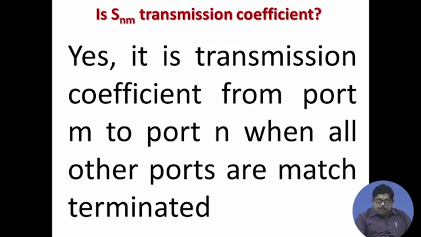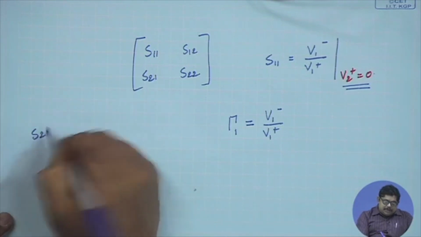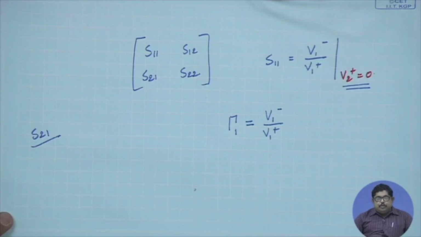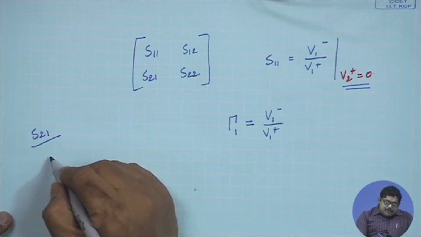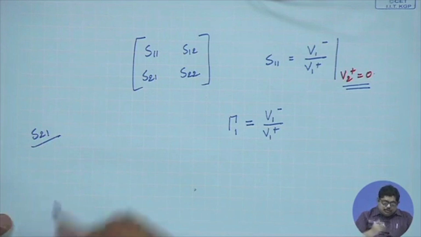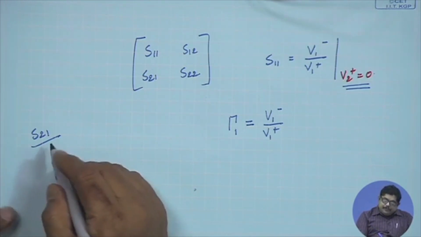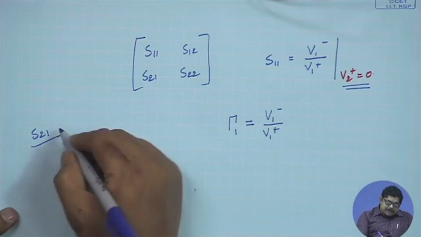So, in a two port network, if I ask whether S21 is the transmission coefficient from port 1 to port 2, the answer is yes, if you have made port 2 match terminated, that means again V2 plus is equal to 0.